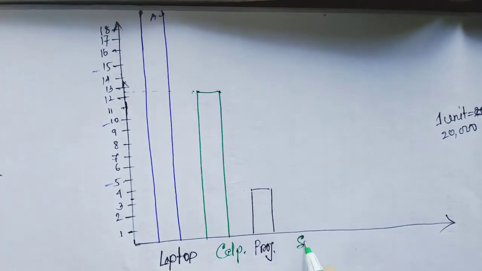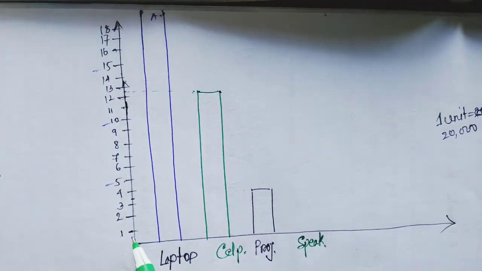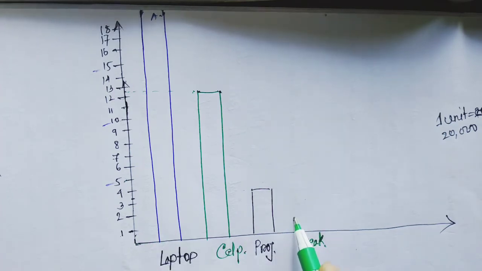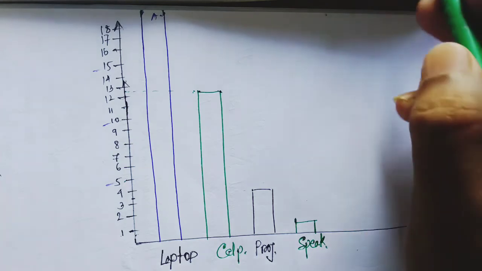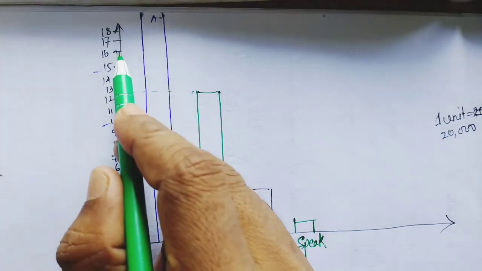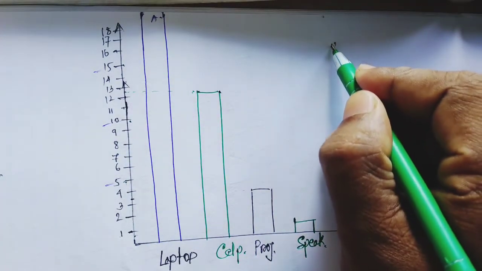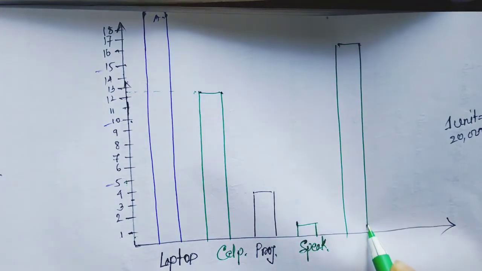Next, speaker. The cost of the speaker is 16,000. So think that here is 16,000. So just try to draw like this. The next gadget is LED TV, 3,60,000: 1 lakh, 2 lakh, 3 lakh, up to 60. So at that place, draw a bar from here to here.